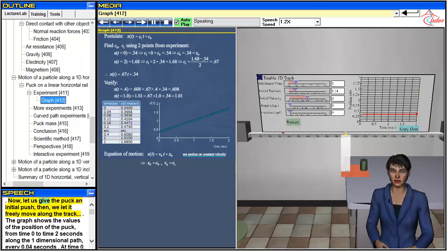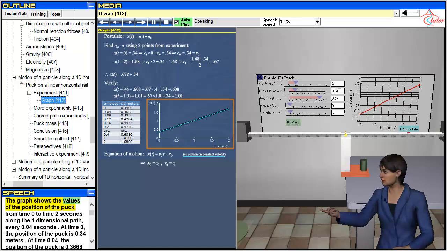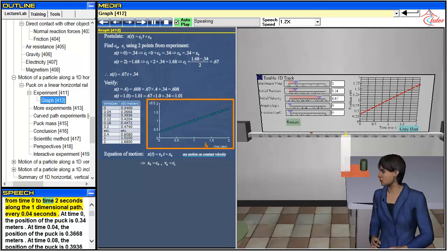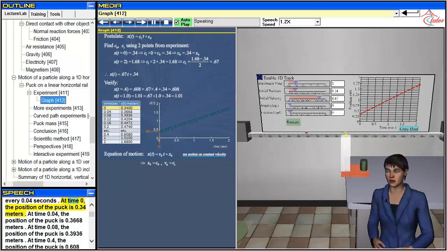Now, let us give the puck an initial push, then, we let it freely move along the track. The graph shows the values of the position of the puck, from time 0 to time 2 seconds along the one-dimensional path, every 0.04 seconds. At time 0, the position of the puck is 0.34 meters.